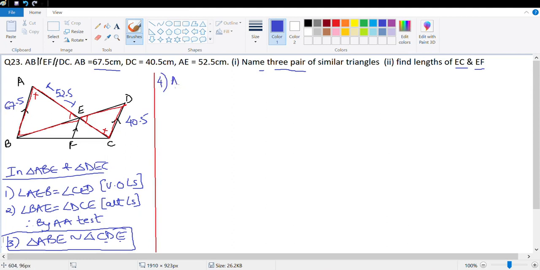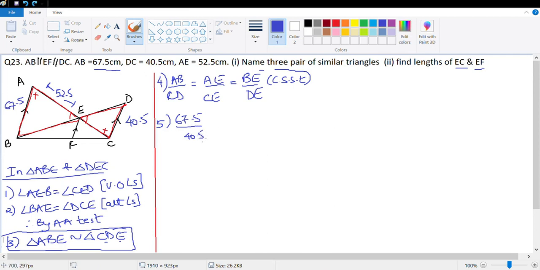So this is AB upon CD. AB given, CD given, we should be able to find. AB upon CD is equal to AE upon CE, equal to BE upon DE. This is CSST. Done. Let's substitute values. AB is 67.5, CD is 40.5, so the decimal goes away.